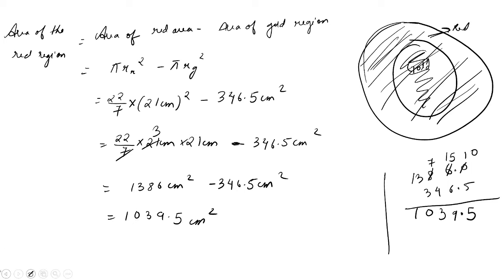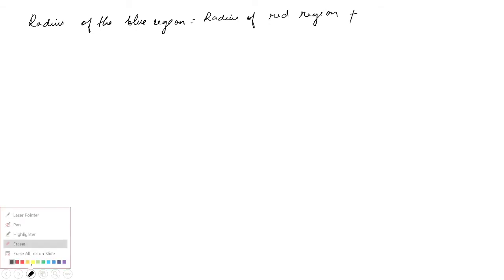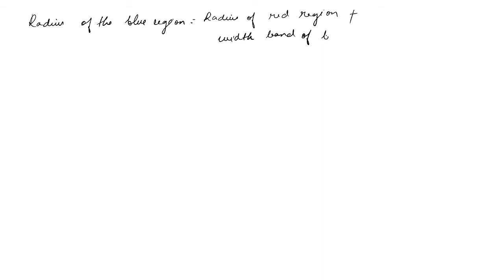1039.5 centimeter square. Now let us go to the radius of the blue region. The radius of the blue region is going to be equal to the radius of the red region plus, no, not the radius, it's going to be equal to the width band of the blue region.